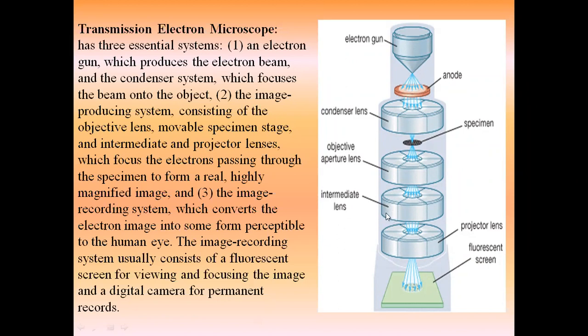They pass through the intermediate lens and finally reach the projector lens. It will amplify whatever amount of electrons has been collected and finally make an image on the fluorescent screen.